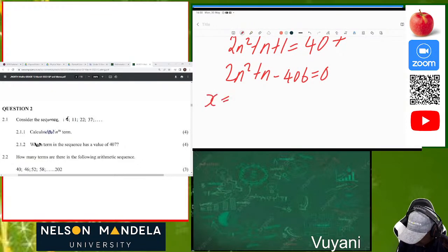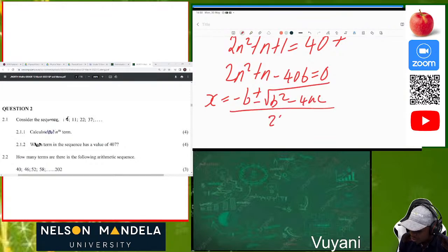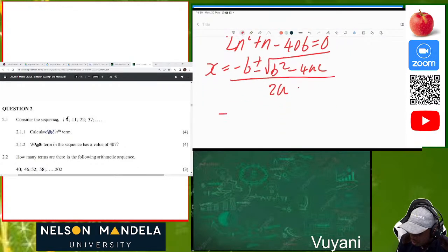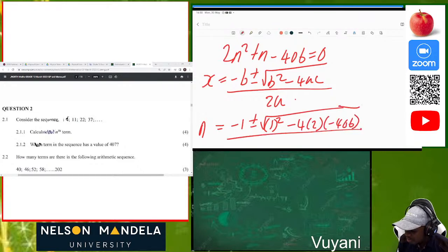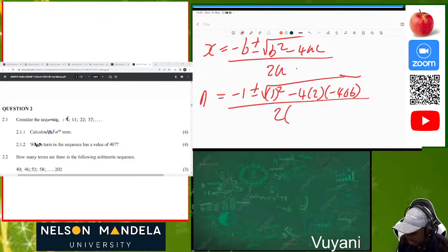x is equal to negative b plus or minus the square root of b squared minus 4ac, all over 2a. Now in this instance, we are given n, so we cannot just write x. We must change the variable to n. Then let's substitute: negative 1 plus or minus the square root of 1 squared minus 4ac, divided by 2a.